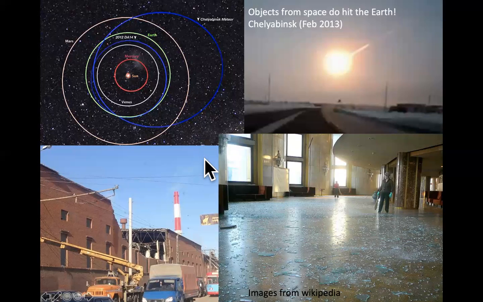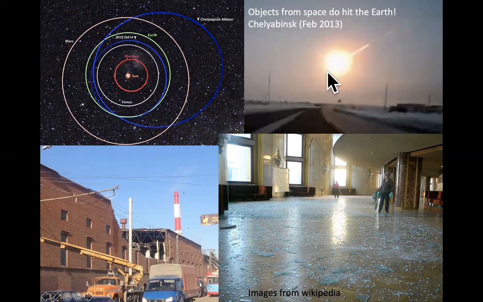And this risk has been brought into sharp focus thanks to an event that happened in Chelyabinsk, a town in Russia, back in 2013. This was when an asteroid, a fairly small one, collided with the ground. This was something that was seen in lots of video cameras.